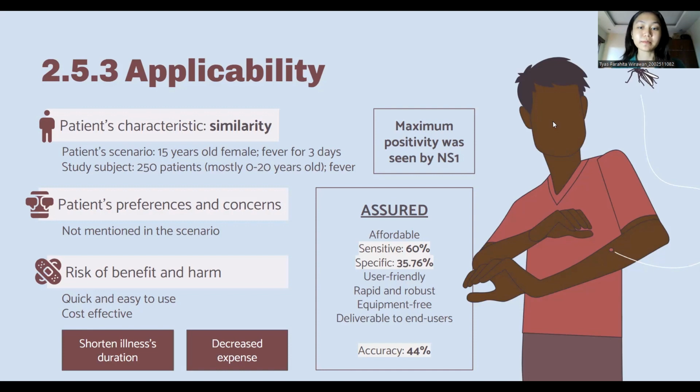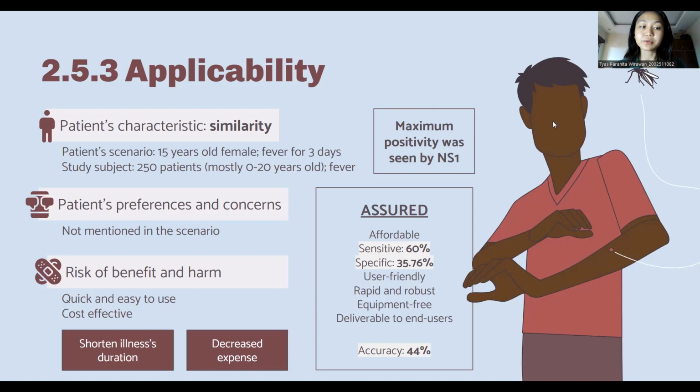Speaking about applicability, there are some questions that need to be answered to evaluate the applicability. The first one is the patient characteristic, which is seen by the similarity between the patient in our field and the study subject. The second one is patient preference or concerns.